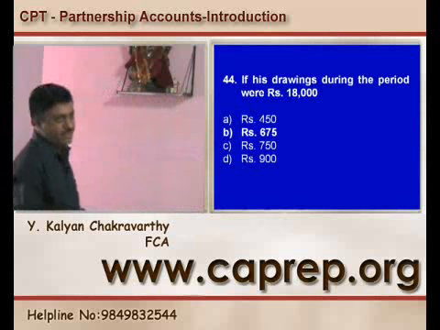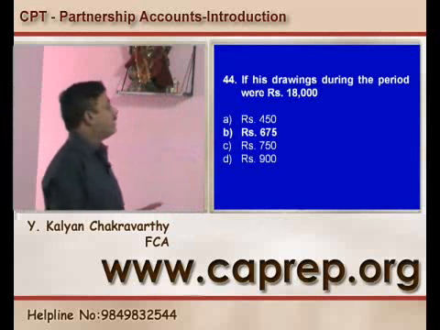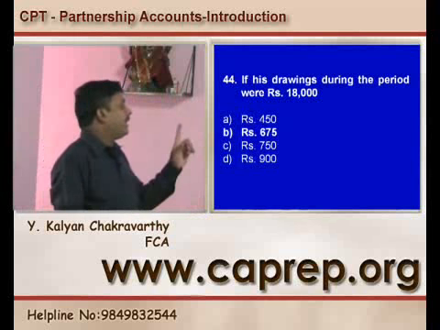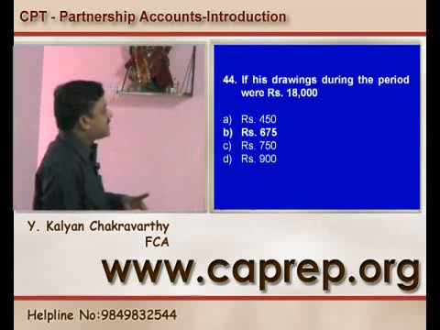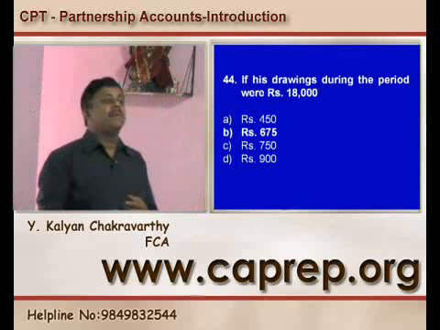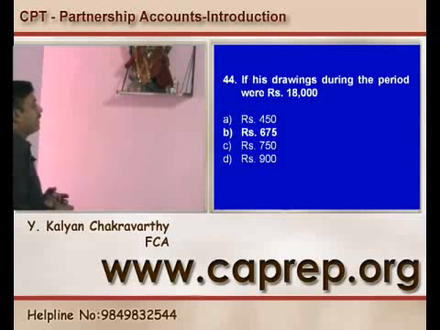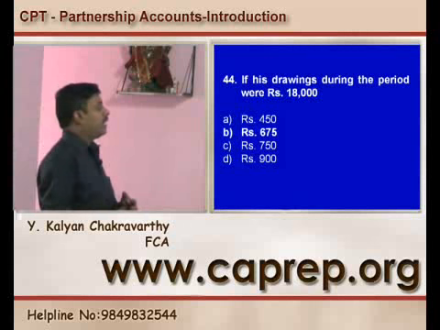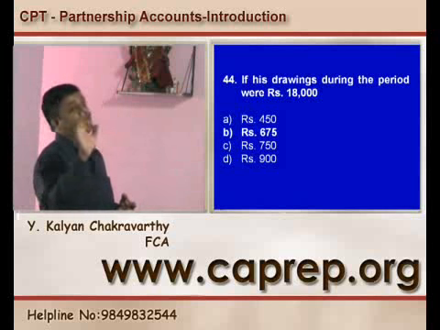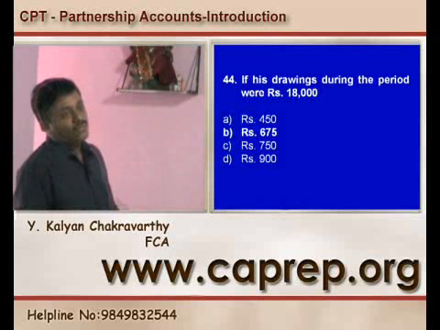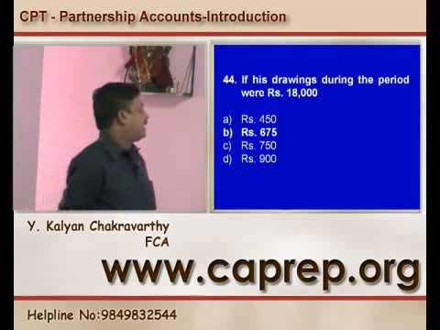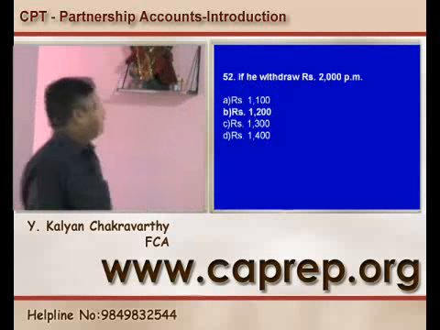So 18,000 into 10% is 1,800. 1,800 into 4.5 by 12 should come to 675. You just correct it. Let me quickly move to the next.